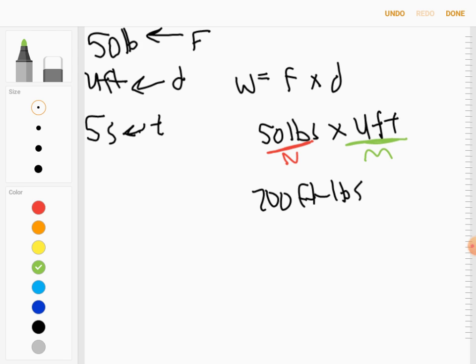How can you do that? Well, this was already explained in lesson one, but this is the exact same kind of unit conversion, and here's how you could do it.